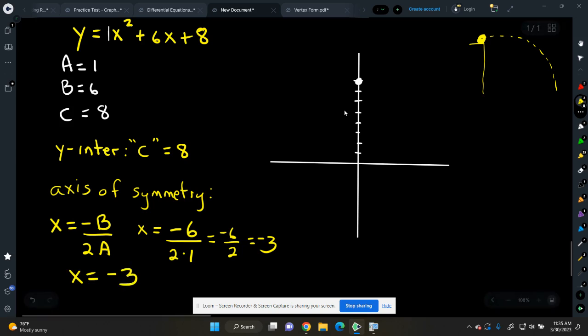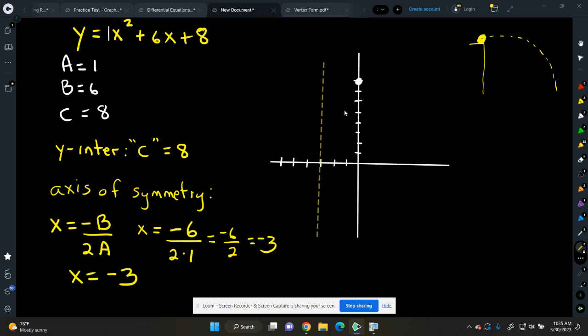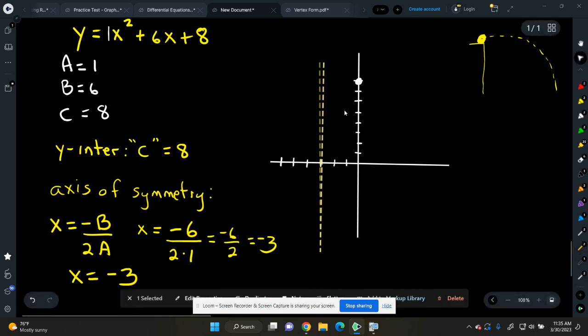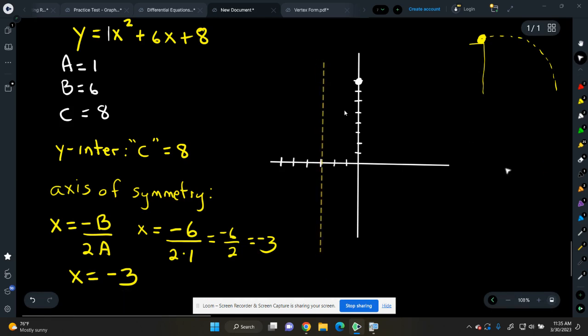In this case, it is important to actually sketch that axis in. I'm going to use a dotted line to remind me that this is not actually part of the graph. It's just something I'm going to use to graph. Okay, so that's my axis of symmetry.